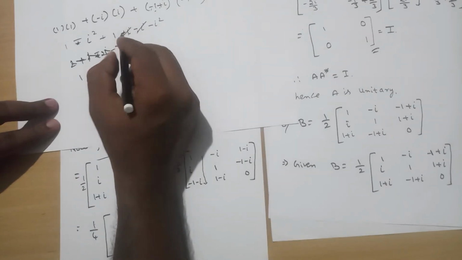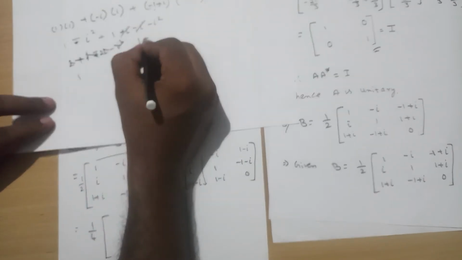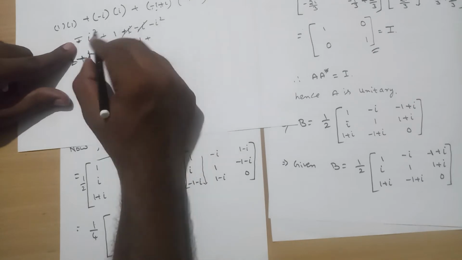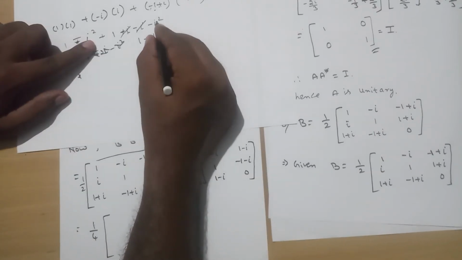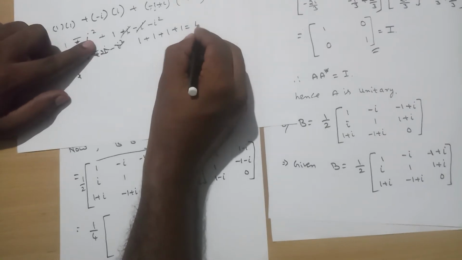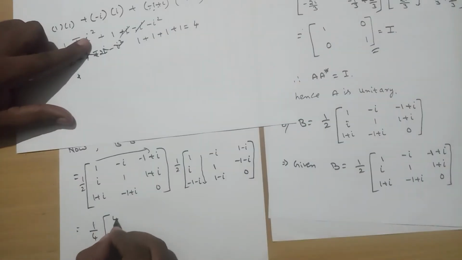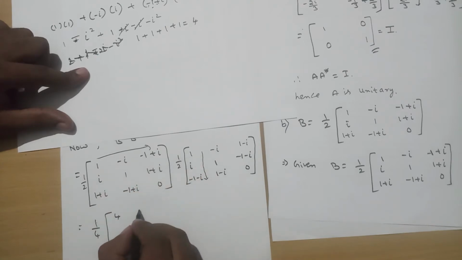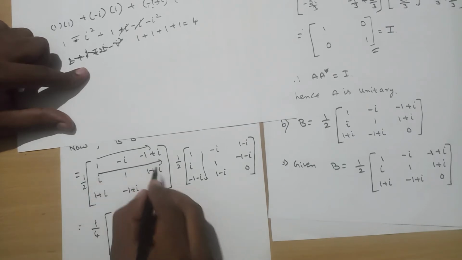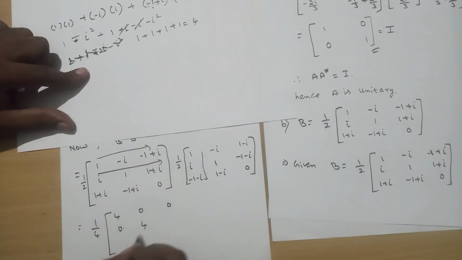So these two will get cancelled. So what do you get? 1 plus here I square means minus 1 will get plus 1, and here plus 1 I square means minus 1, so we'll get plus 1, so we'll get 4. So we'll get 4, and here if you cross multiplication you get 0 0, and here again this term becomes 0, same thing, and here this becomes 4, and here this term 0 0 0 4 you get.